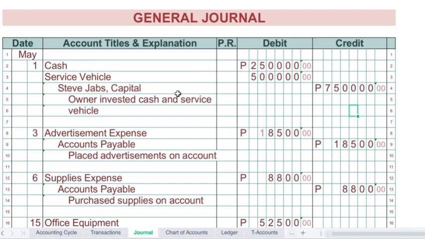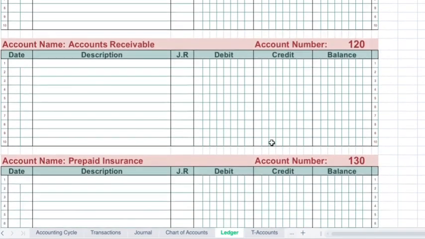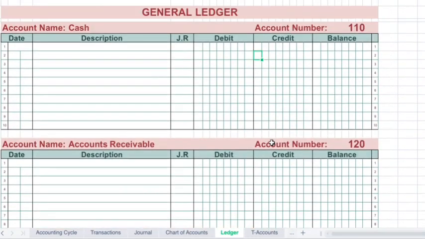Kasi dito na nakasummarize yung mga journal entries natin by account to get their ending balances. So as you can see, kung dun sa journal recorded sila based on the date chronologically, dito sa general ledger naman naka-classified siya by account.